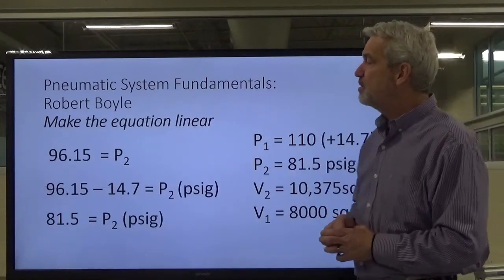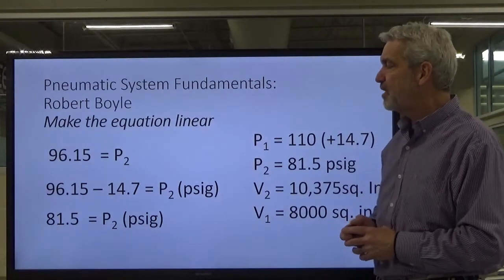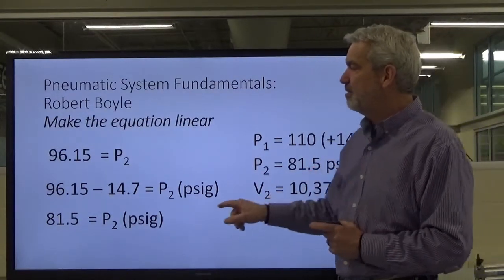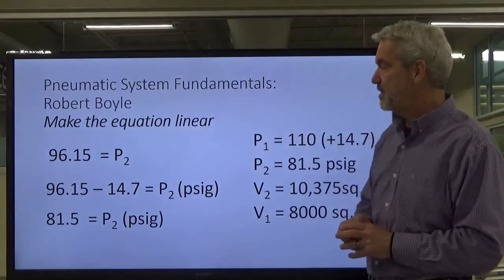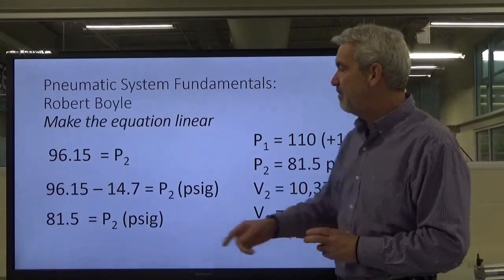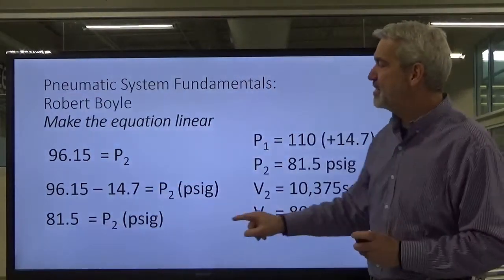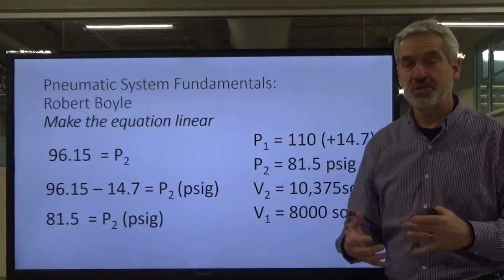So 96.15 is our absolute pressure. But we got to turn it into gauge pressure, which means we subtract 14.7, and that gives us a gauge pressure of 81.5. That is what we wound up with after we added that additional piping.